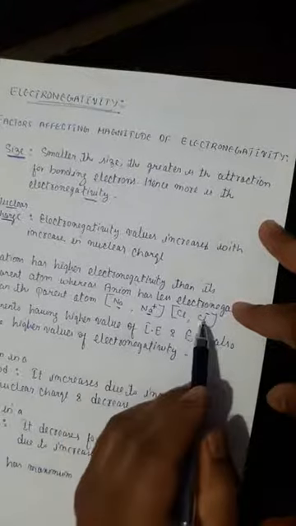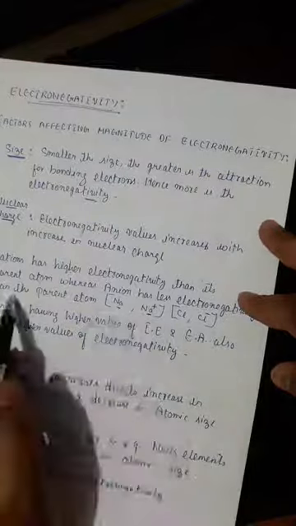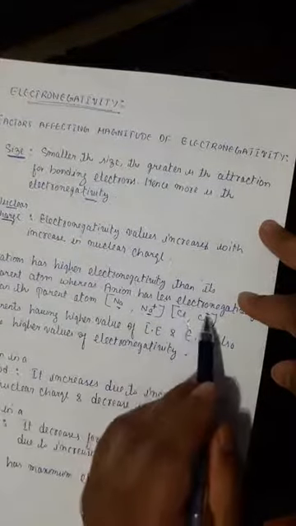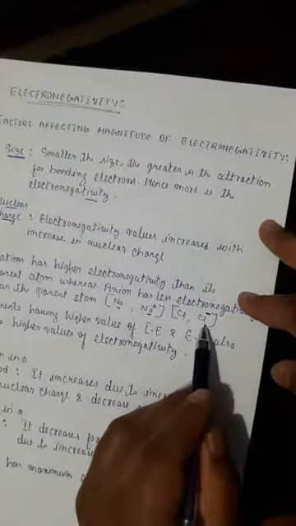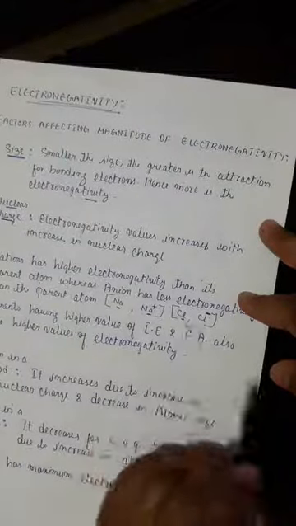The chlorine anion has less electronegativity than the parent atom. The parent atom is chlorine, and Cl minus is the anion. This Cl minus electronegativity is much less compared to the chlorine atom.